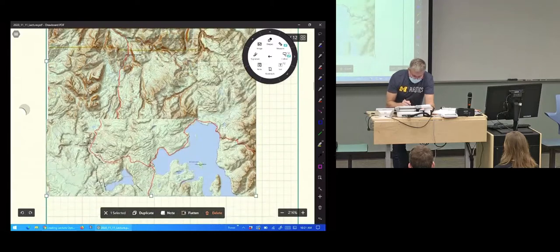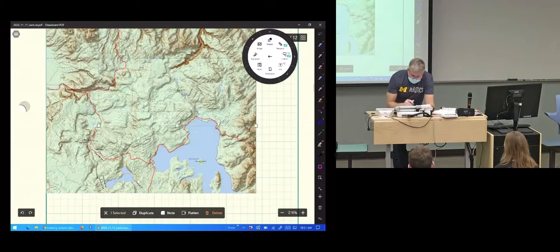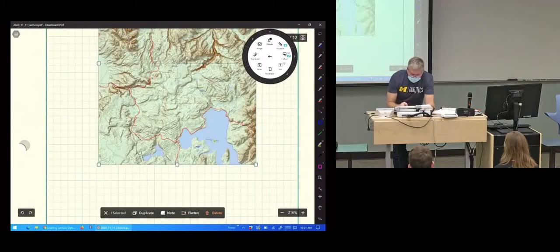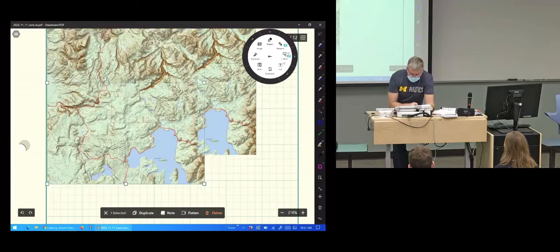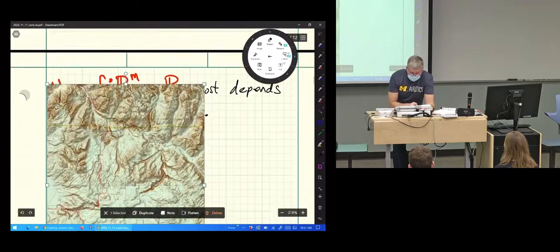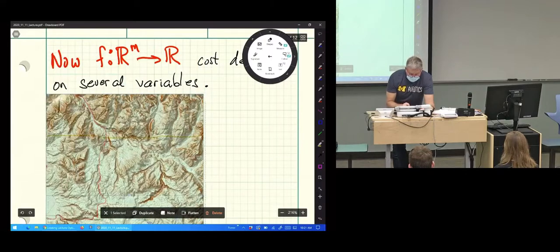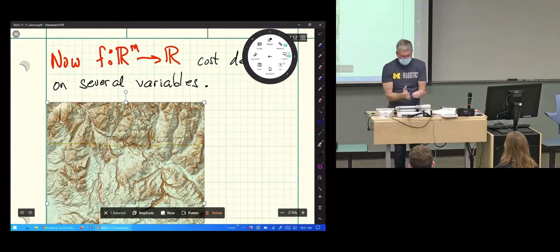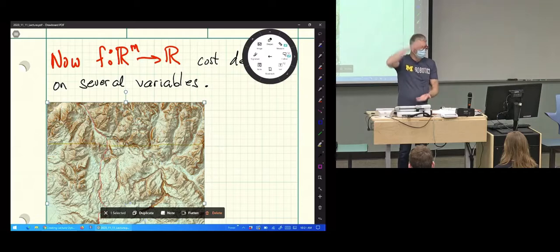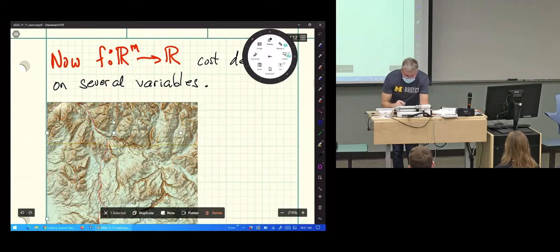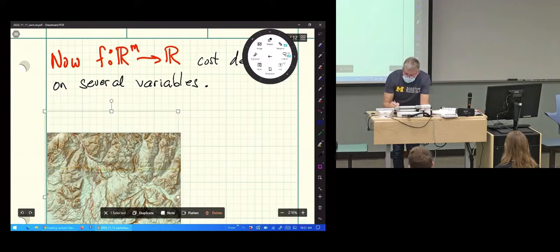I don't need it this big. Okay, so this is a relief map. It's not exactly a topo map because it's already showing a 3D aspect of ground. So this has 2 variables, x and y, and then z, okay? And we're trying to find minima.